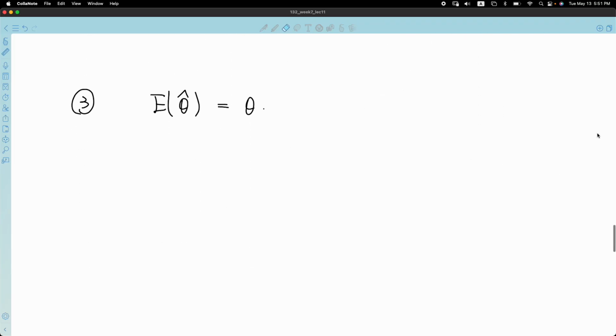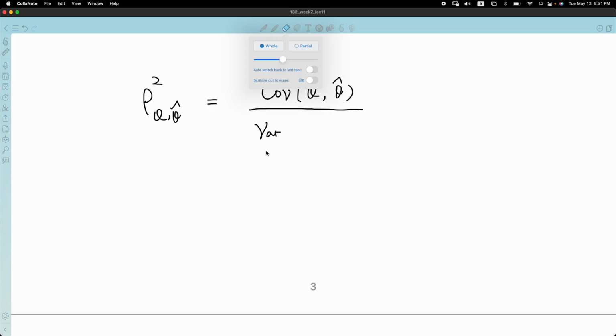Okay, so now let's proceed to our analysis. Let's take a look at our correlation square. Theta hat. Now I'm going to apply the formula of the correlation. The correlation is equal to the covariance of the Q and the theta hat, divided by the standard deviation.